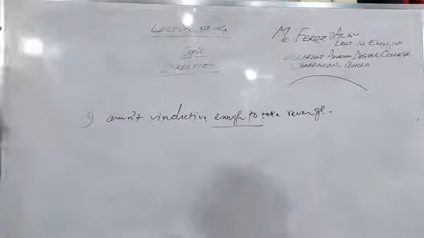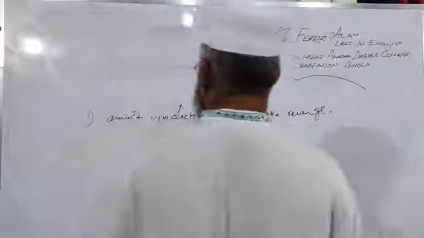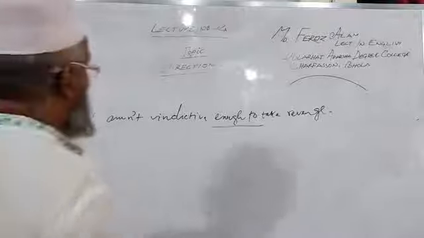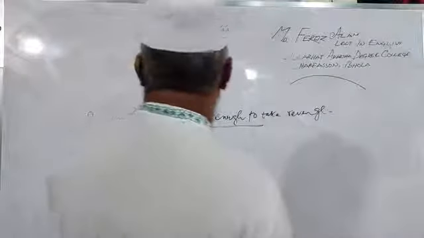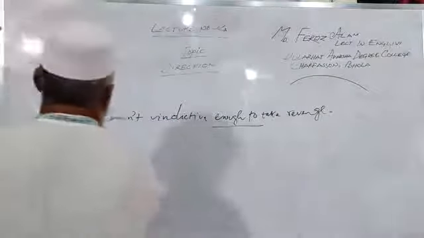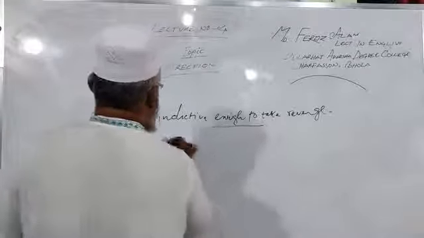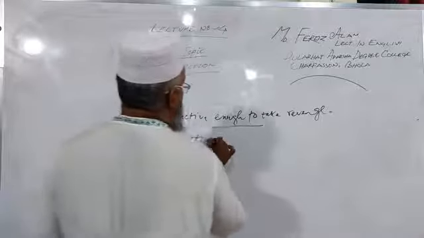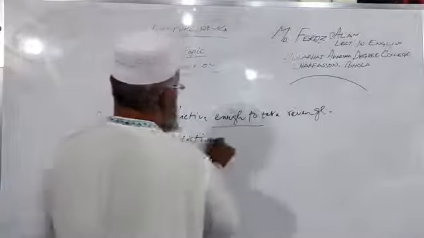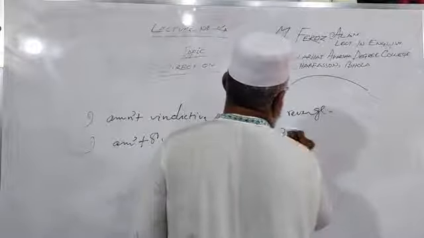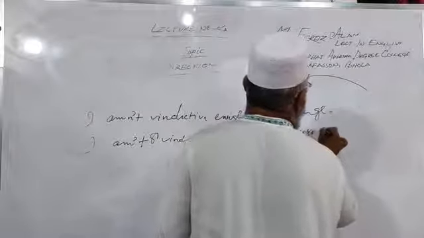When you find enough to, in that time you can use so that. By the help of so that, detached so that, you can make a complex sentence. In this way: I am not so vindictive that I cannot take revenge.